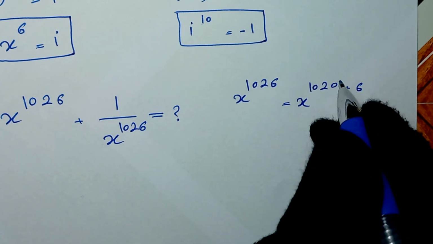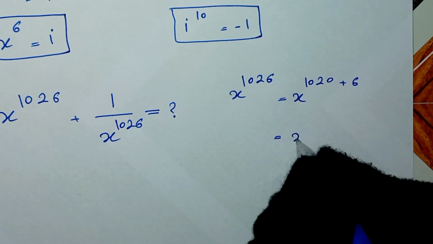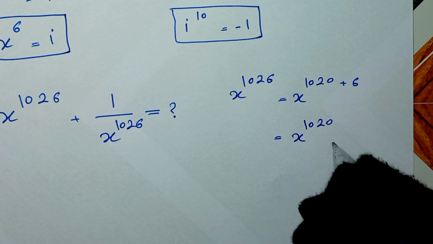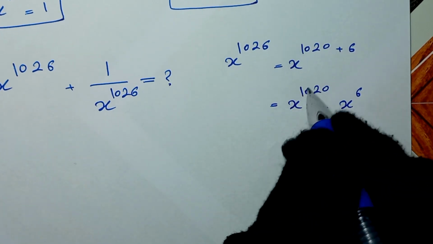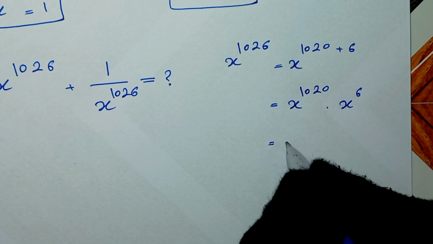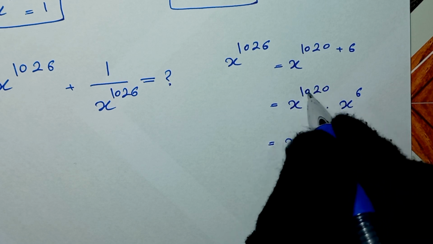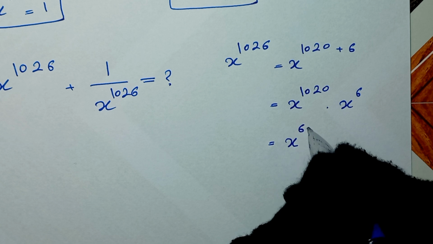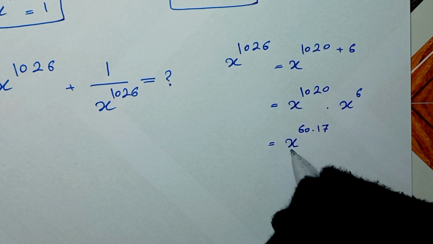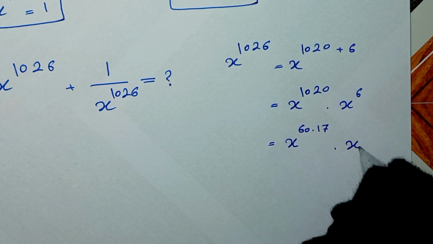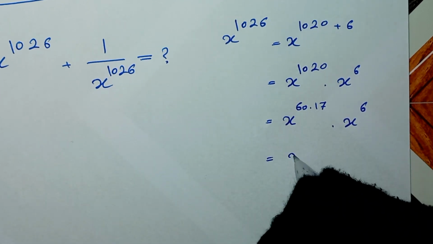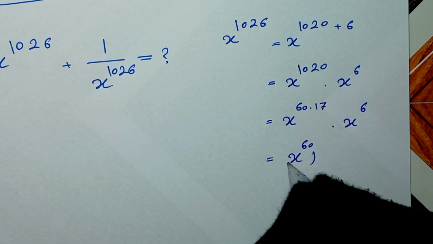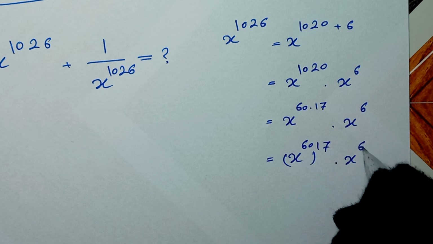And from the exponential rule, this is equal to x to the power of 1020 times x to the power of 6, right? And in here, we can write 1020 as 60 times 17, right? And in here, we can write this as x to the power of 60 to the power of 17, times x to the power of 6.